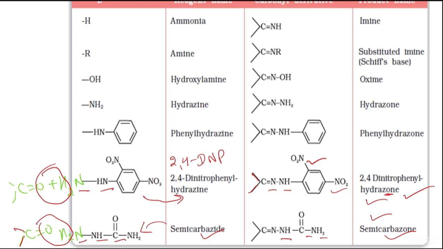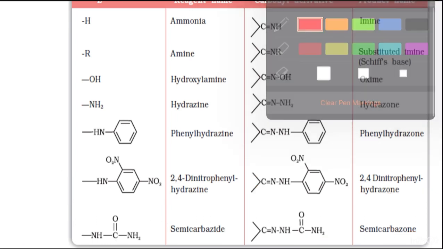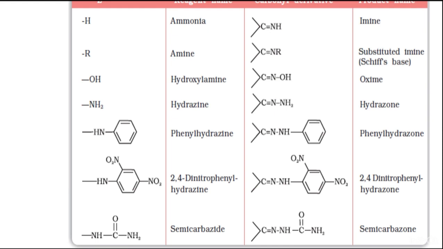And there is a very important reasoning question related to semicarbazide. You will notice that there are 2 NH2 groups, right? But the NH2 group which is attached to CO does not take part in making the product with the carbonyl group. It is the NH2 which is beside NH that is reacting with the carbonyl.